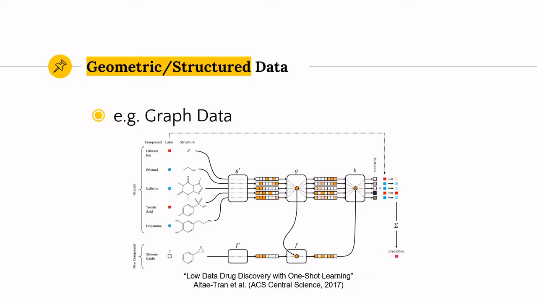The molecular structure is represented in graph form for an obvious reason, right? So each data entry is basically a graph, which is quite different from those conventional types of data sets.